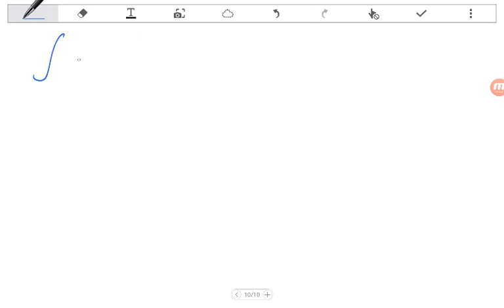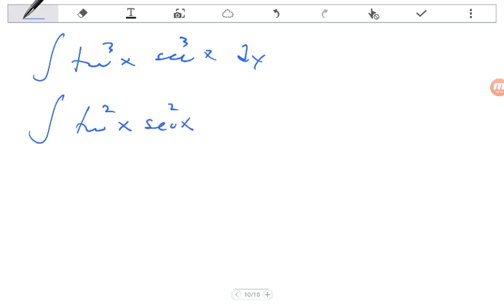If I have the integral of tan cubed x sec cubed x, I am looking for an odd power of the tan or an even power of the sec. Which case is this? An odd power for the tan. So I just take sec tan after the d. So I have here tan squared x sec squared x; I have taken a tan from here and a sec from here, d sec x.